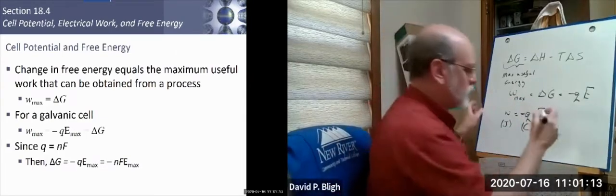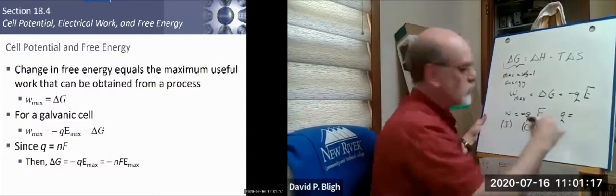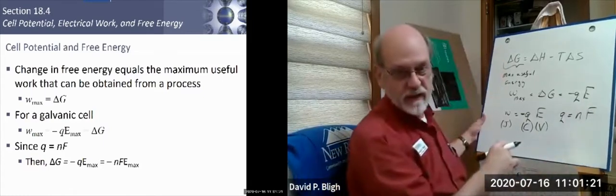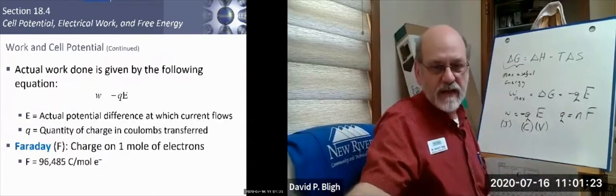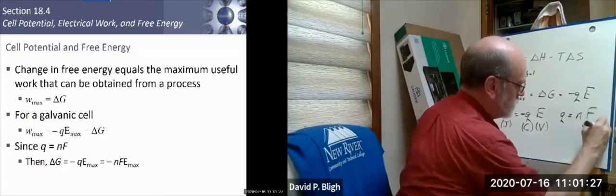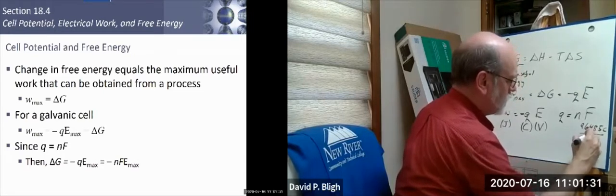And now we have another way to get the Gibbs free energy. All right, also, the number of coulombs is equal to the number of moles of electrons times the Faraday, right? Because the Faraday is 96,485 coulombs per mole.